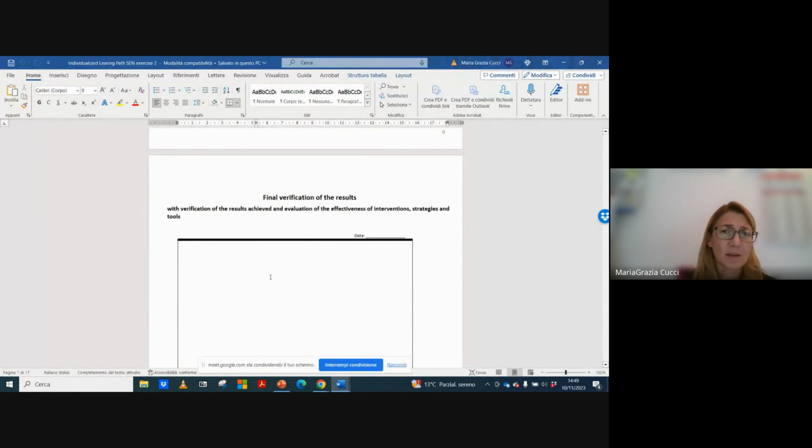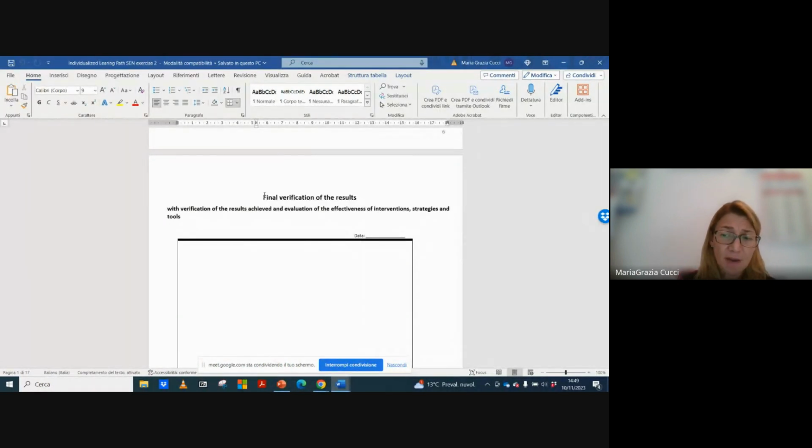So the last part of this document was about the final verification of results. Of course, this final verification is something that we can do every year, and it is very important to do that every year, because in this way we can learn from our strategies and from their verification.